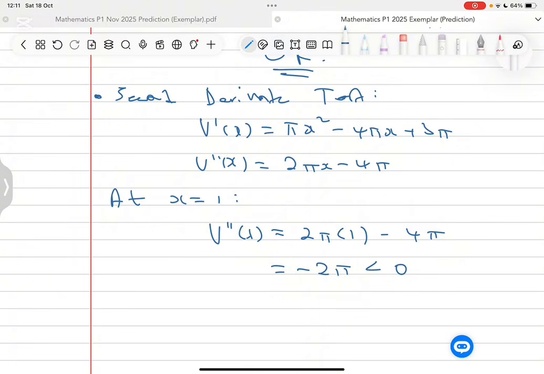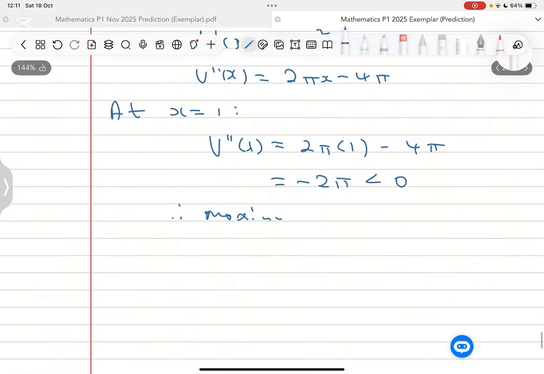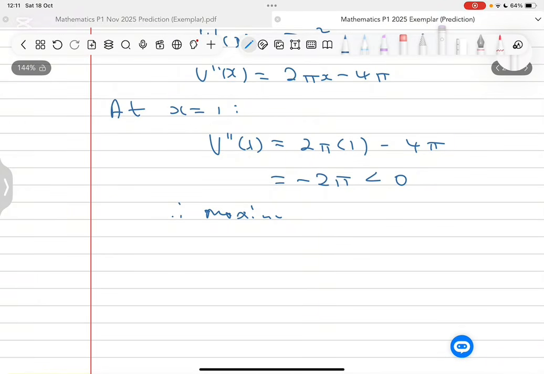And this is a negative number. Do you see that this is a negative number? And we know that when we get a negative number, it means we have a maximum turning point or a local maximum turning point. Therefore, this is a maximum. Remember we said that when the second derivative is negative, we are going to have a sad face.